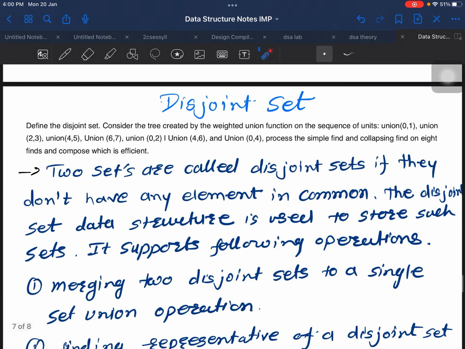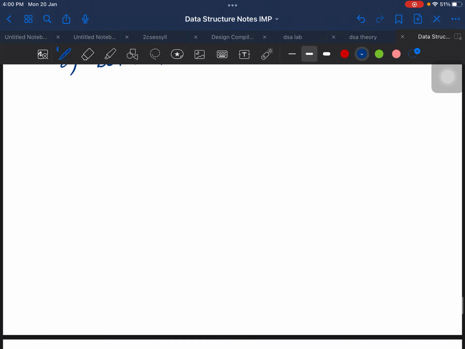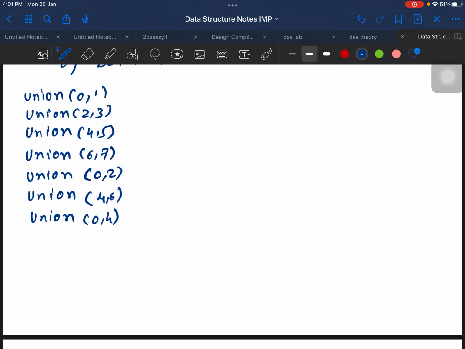So first of all, I will try to draw the tree with the help of these union functions given in the question. I am writing these functions here just for my reference: union 0, 1, union 2, 3, union 4, 5, union 6, 7, union 0, 2, union 4, 6, union 0, 4.